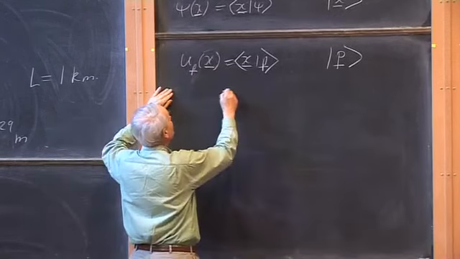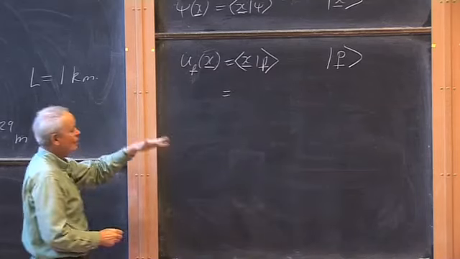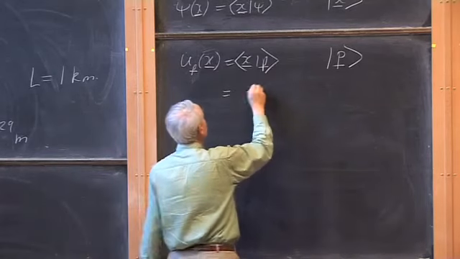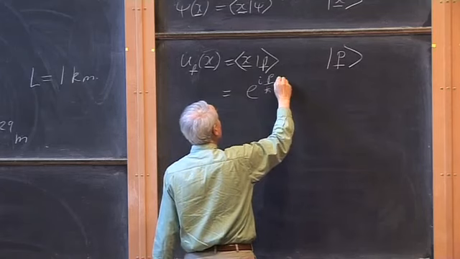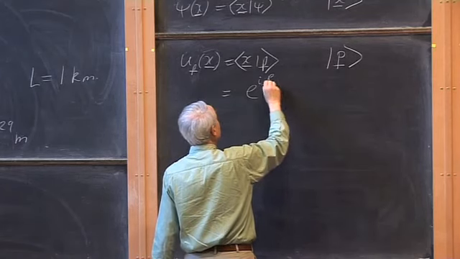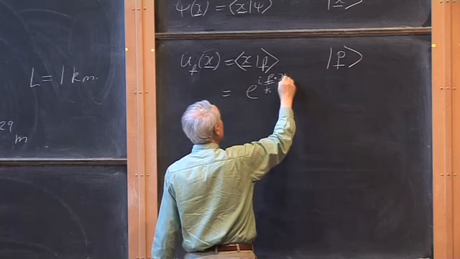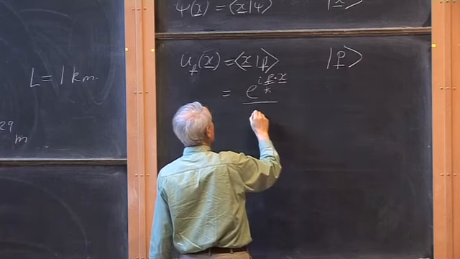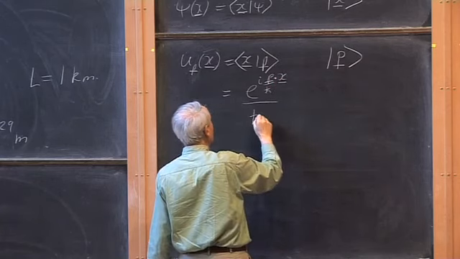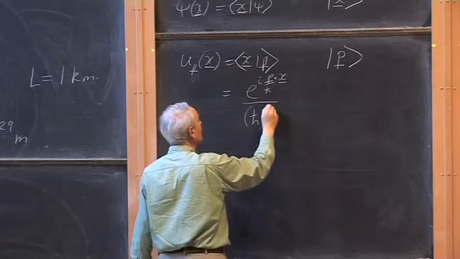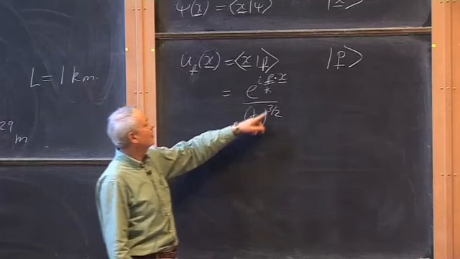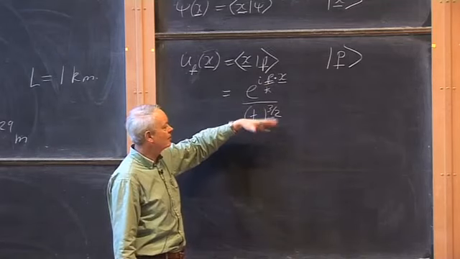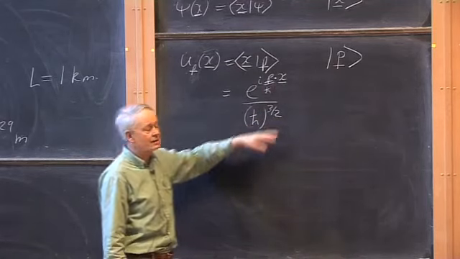And whereas when we were doing this in one dimension, we found that this was e to the i p over h bar times x, not vectored, now that's a vector. And whereas on the bottom we used to have h bar to the 1/2, now we have h bar to the 3/2, reflecting the fact that there's an x component, a y component, and a z component to this.